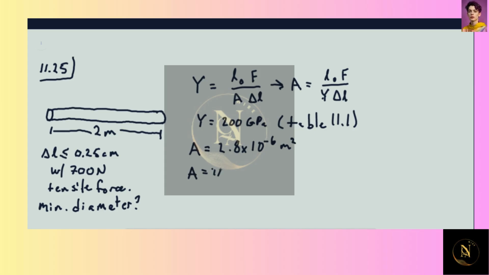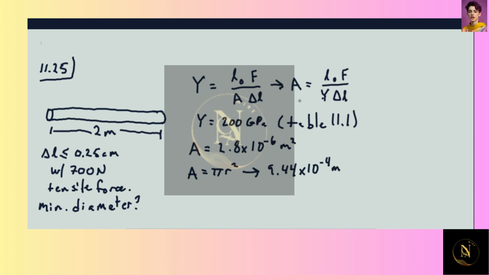Now the area is pi r squared, so the radius is the square root of A over pi. And the radius is going to be 9.44 times 10 to the negative 4th meters.